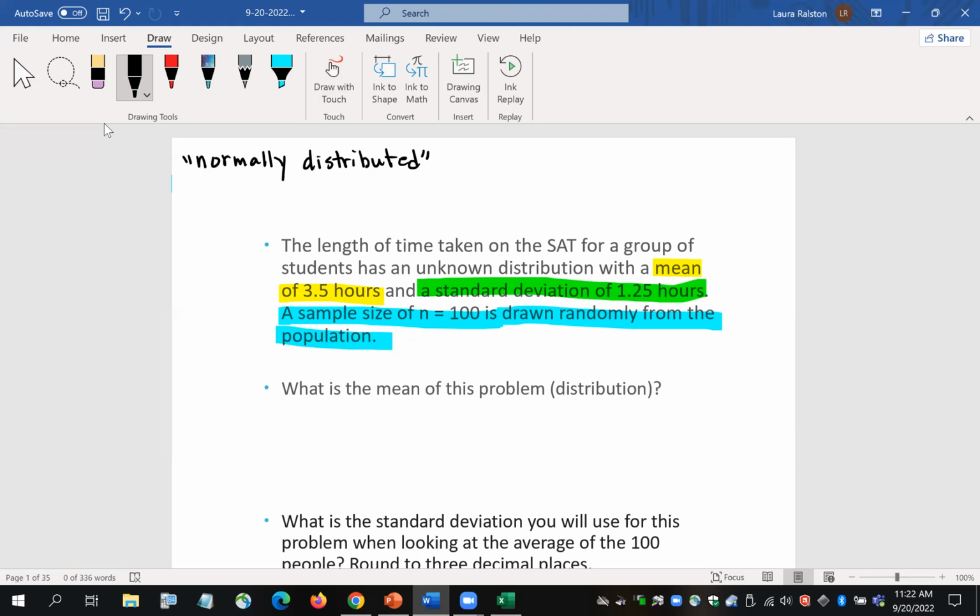It actually says there's an unknown distribution. And it previously also told us that we were going to select a person or an item. You were doing one.